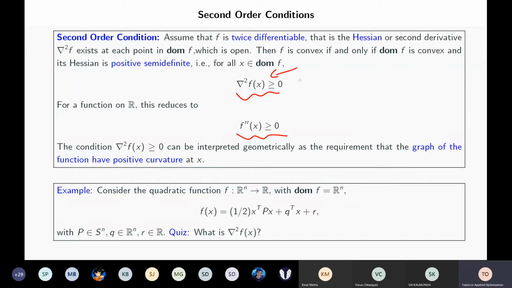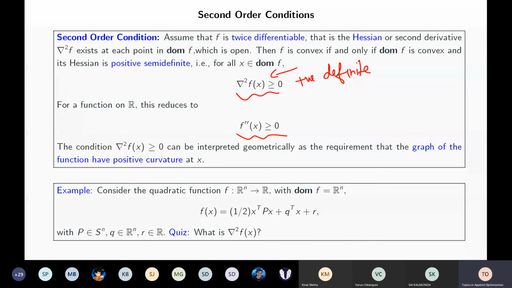We say that it's positive definite because for a matrix there is no concept of greater than 0. Sometimes you can say element-wise 0, but for a matrix being greater than 0, there is no ordering relation in matrices.